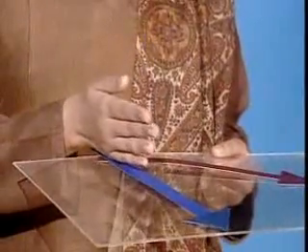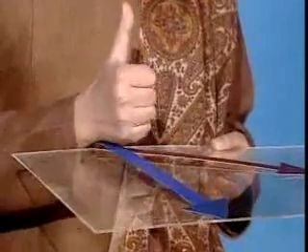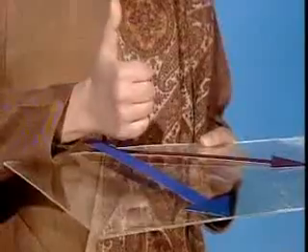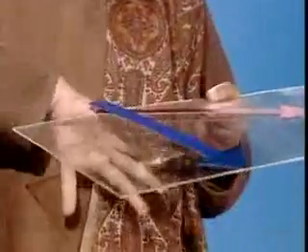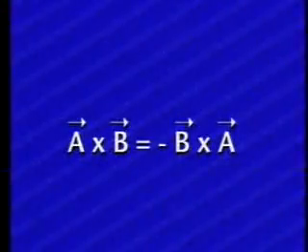Which of these directions is the direction of the vector C is determined by the right hand rule. If I curl the fingers of my right hand from vector A towards vector B, then the direction of my thumb gives the direction of the vector C. From here, you can see that A cross B is not equal to B cross A. They are equal in magnitude, but they are opposite in direction.